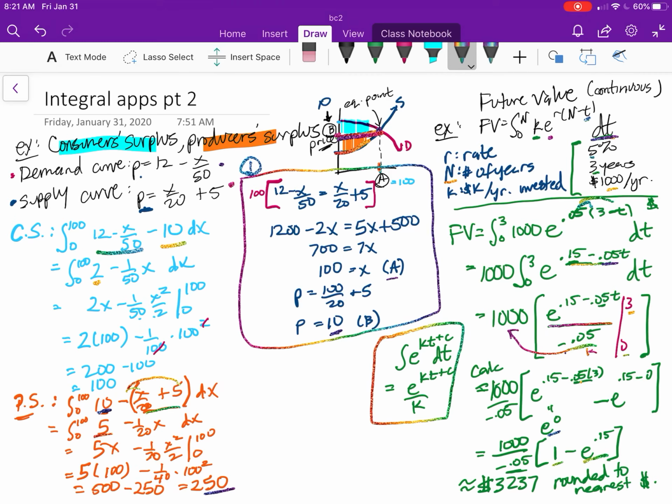It'd be weird to state how much the investment is worth with something with an e in it. So use a calculator. I rounded to the nearest dollar. I got 3,237. If it wants rounding to the nearest cent, go ahead and do that. This one would have been 3,236 and 68 cents. I'm not too picky. Dollar works perfect.